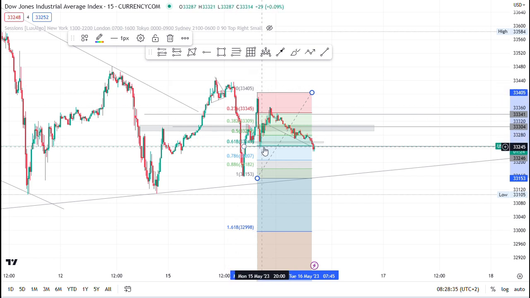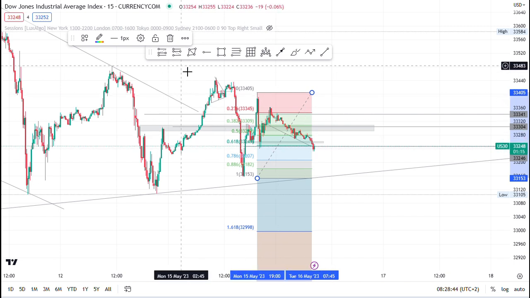Now we're creating some sort of a double bottom kind of pattern within this area here, within the 61.8% level, which is where I would like to take my entries, considering that I'm looking to get a bullish movement.